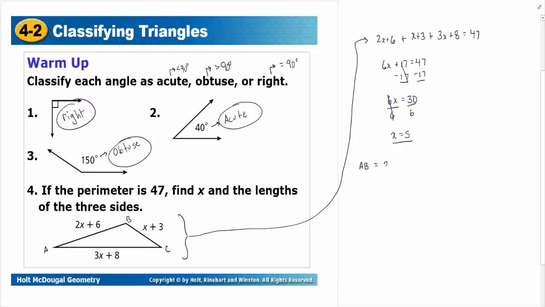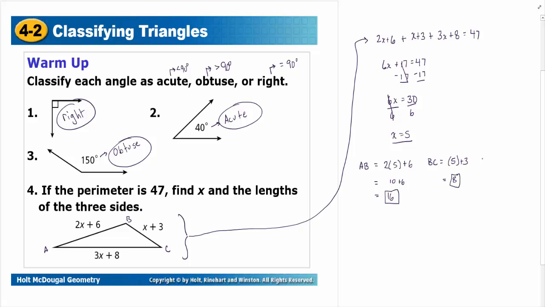It's going to be 2 times 5 plus 6. So that's 10 plus 6. So AB is 16 units, whatever that is. I don't know if it's inches or feet or whatnot. BC is going to be x plus 3. So 5 plus 3, which is 8 units.